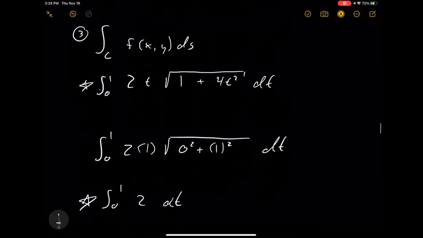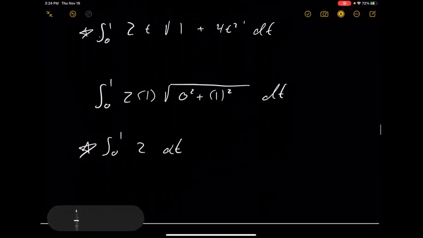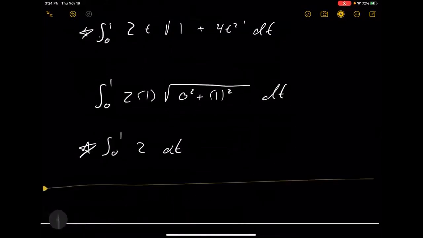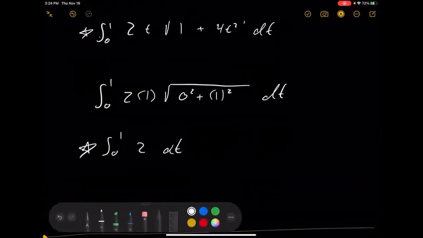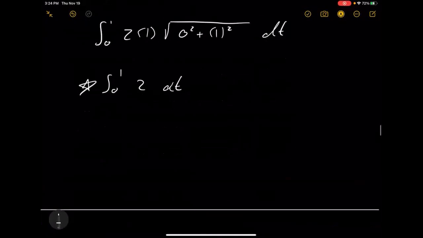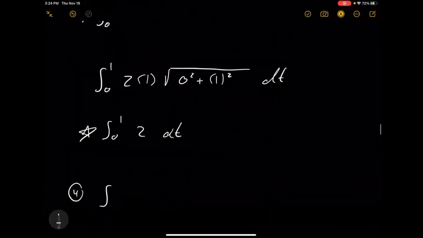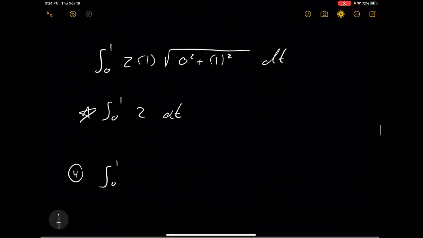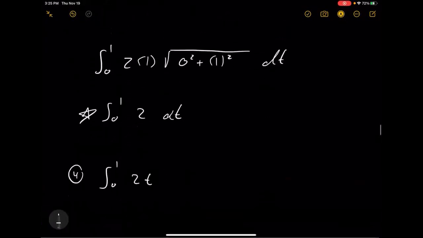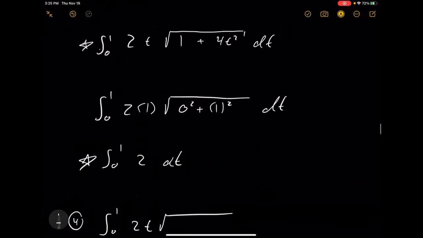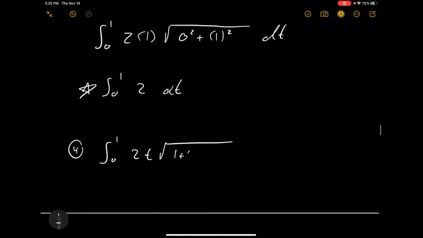So these two integrals are what's going to give me my line integral. Okay, so now step 4, I integrate these things and then add those numbers together. First I integrate 0 to 1 of 2t square root of 1 plus 4t squared dt.